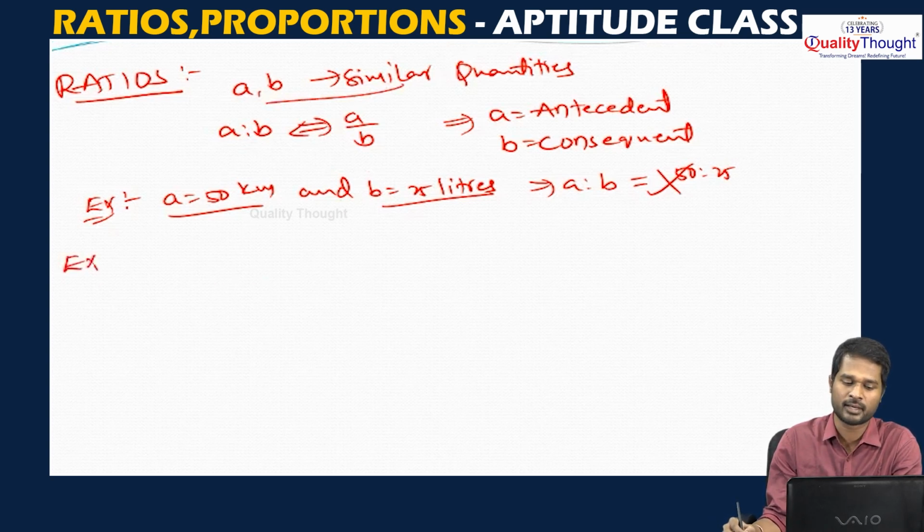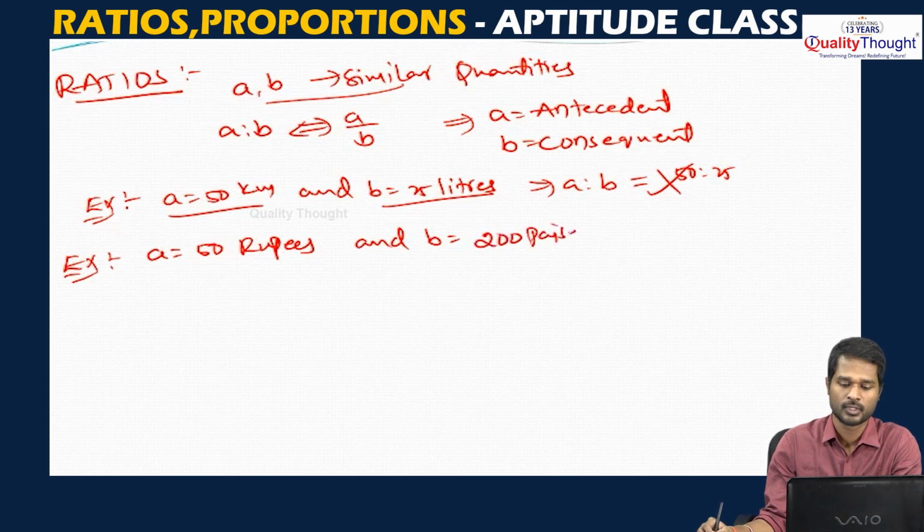Otherwise, if you have another example, if I take A equal to 50 rupees and B equal to 200 paisa, now both are denoting money, but here this is in rupees and this is in paisa. So how will we convert then?